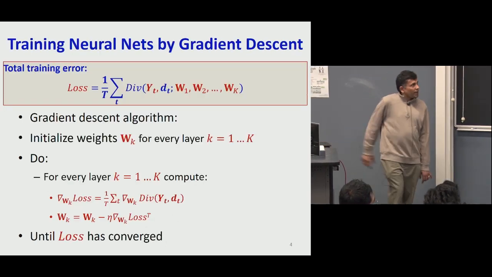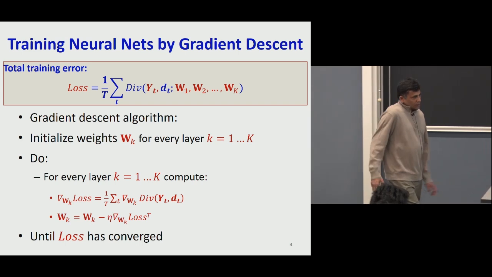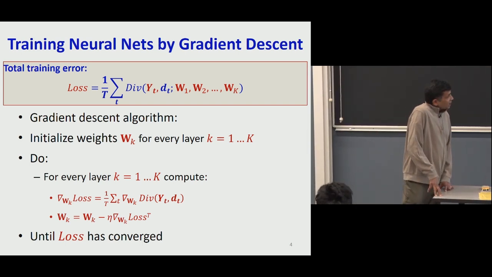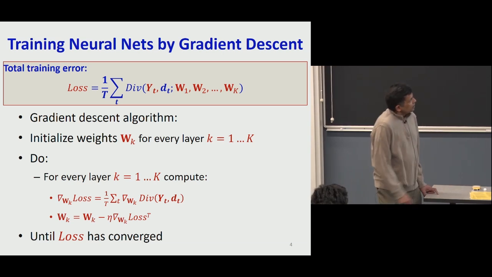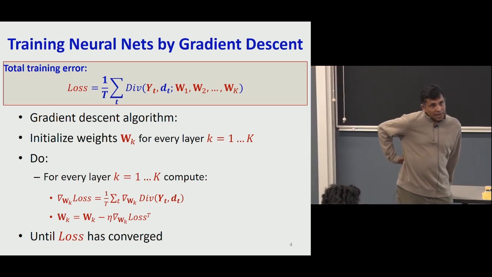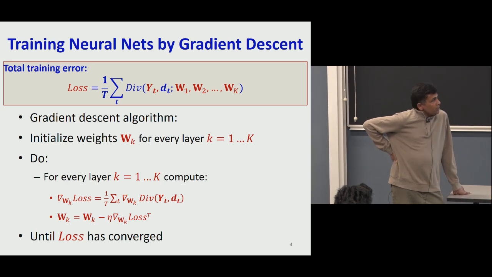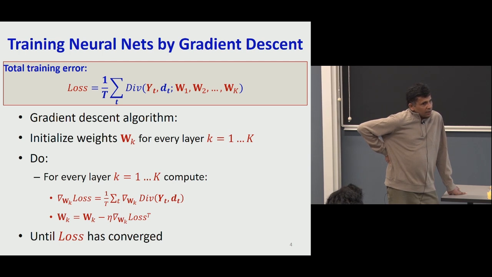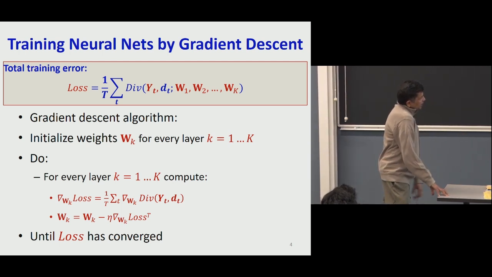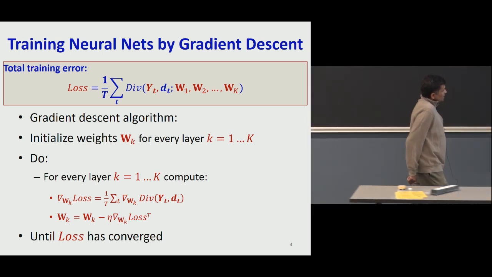And so here's how we defined it. We have this loss, which is the average error or the average divergence between the actual output of the network, y, and the desired output of the network. The parameters of the network, which are shown after the semicolon, are the weights for every single layer in the network. And so the gradient descent algorithm is going to do something like this.